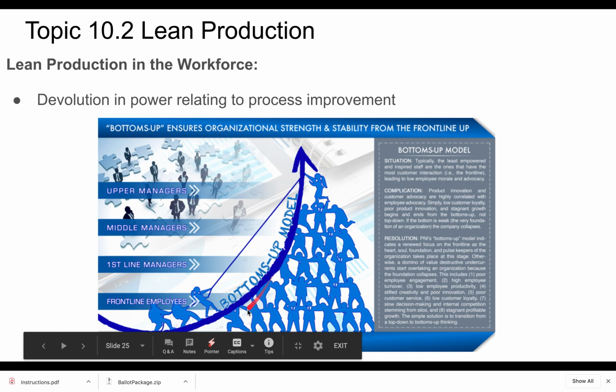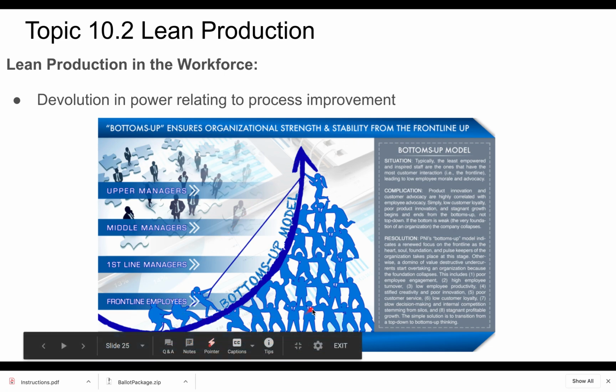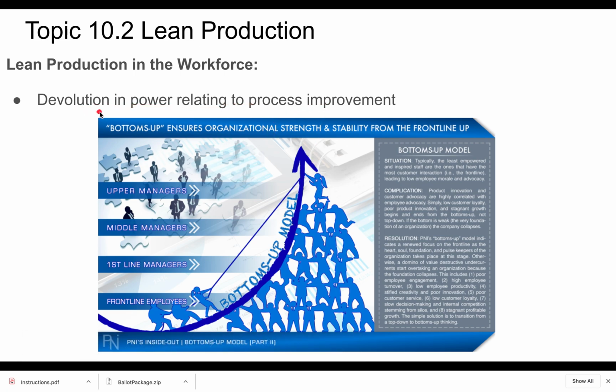By doing that, you're getting everybody working together towards a common goal, which is to make everything better. So it's a bottom-up model of improvement. It's empowering the people on the front line to make decisions that can help to improve the whole process. And that's called devolution of power.